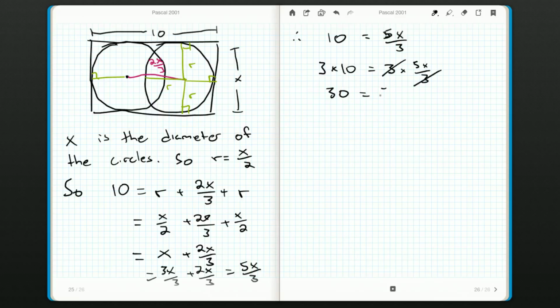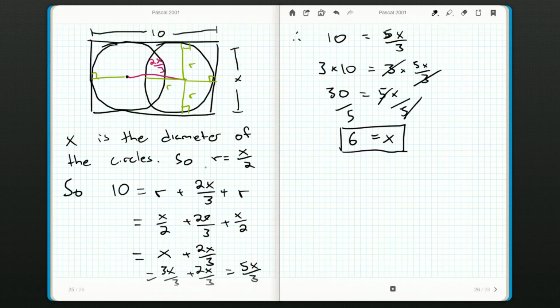So 30 is equal to 5x. So when I say that out loud, I say 5x. The last thing I did is multiply it by 5. So I'm going to want to divide both sides by 5 to just get x by itself. And we get 6 is equal to x. Okay? So 6 is equal to x.